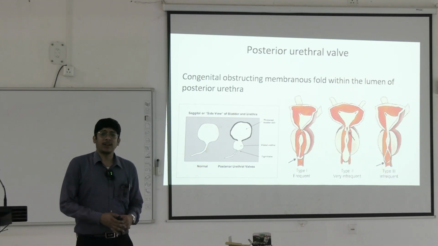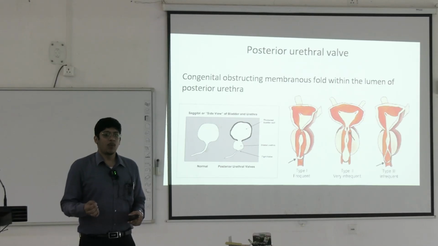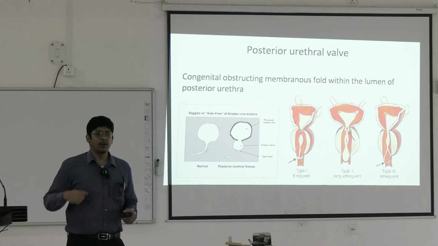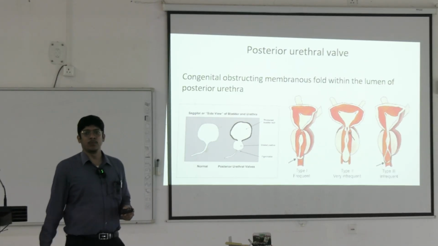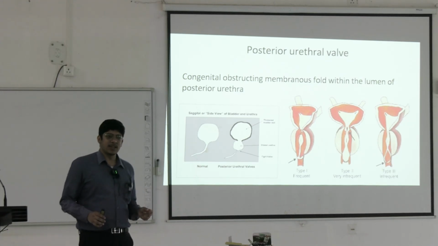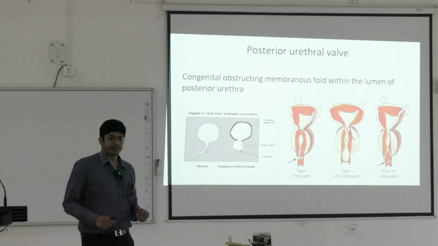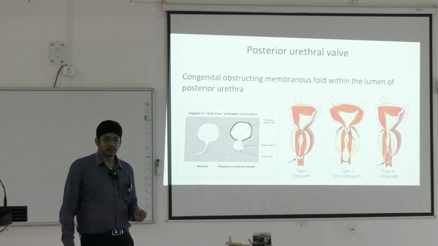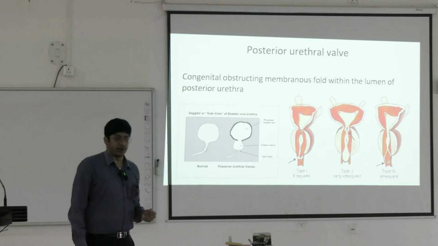So what happens to the urine when it is inside the uterus, inside the womb? What is the role of the urine? Does the fetus pass urine inside the womb? It does. So what happens to this urine? Yes, it gives rise to amniotic fluid.